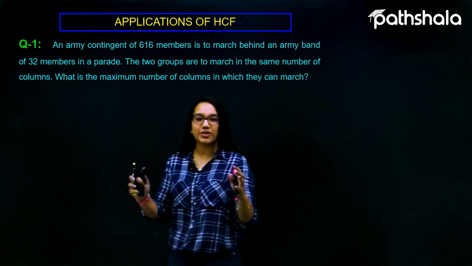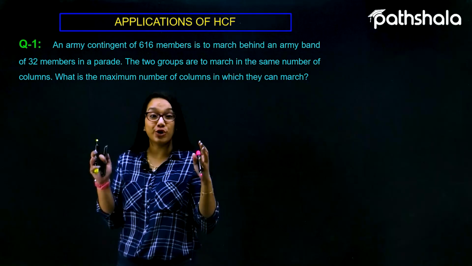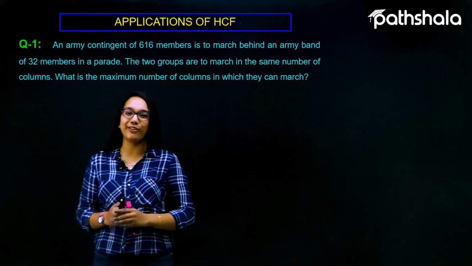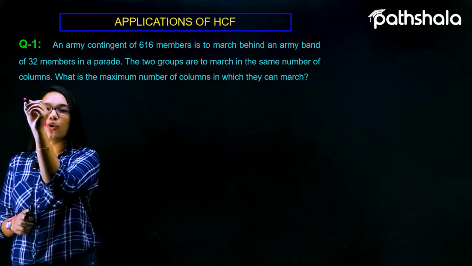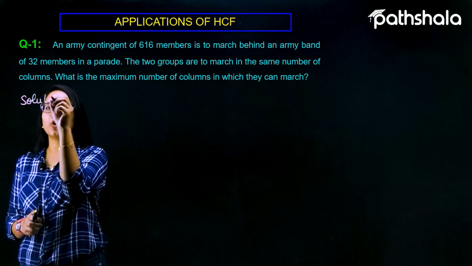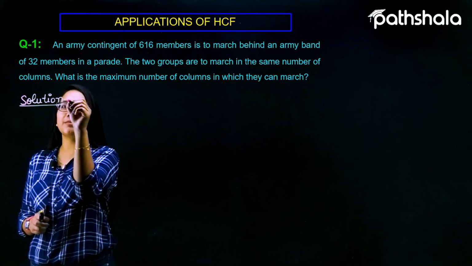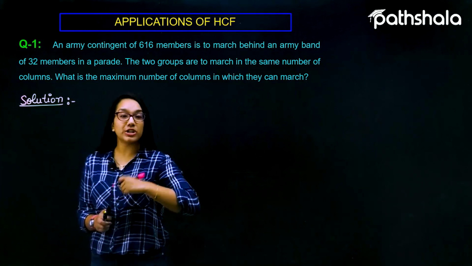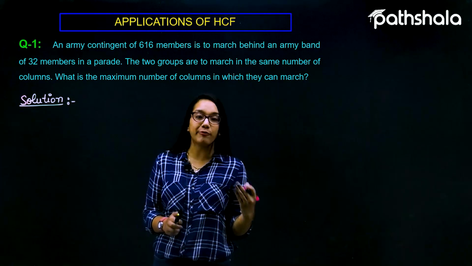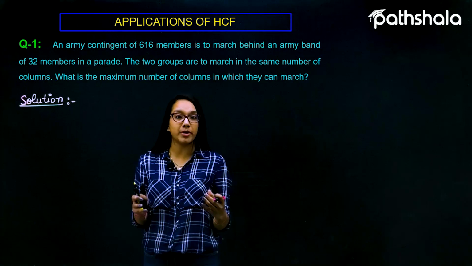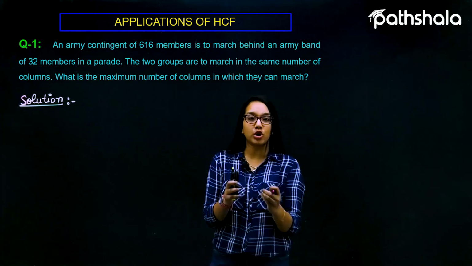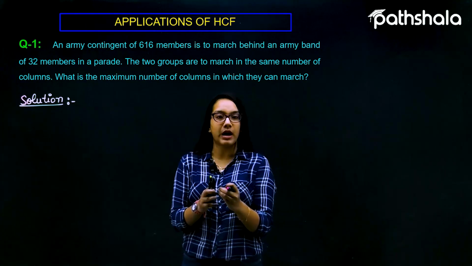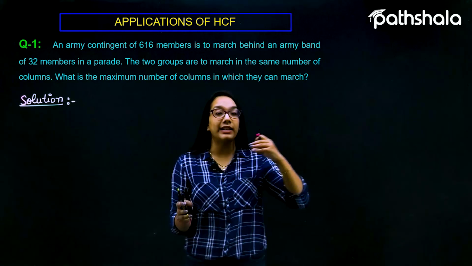So let's start the solution of this question using Euclid's division algorithm. Let us suppose we have to find the maximum number of columns in which they can march. It means we have to find the HCF of the two numbers, 616 members of the army contingent and 32 members of the army band.